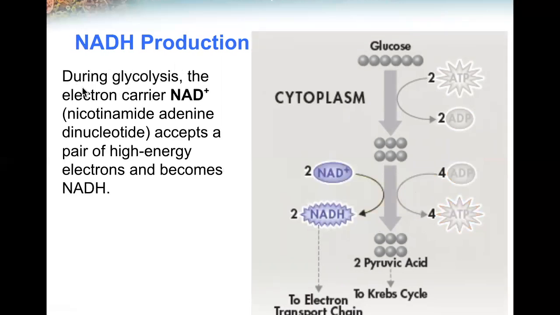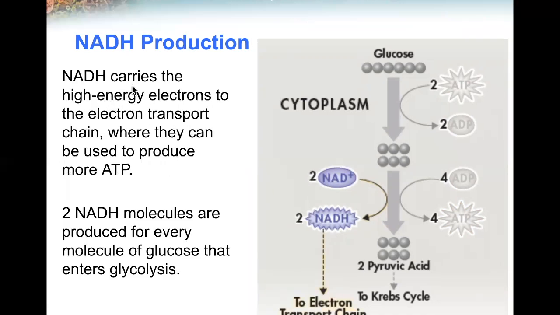NADH production. During glycolysis, the electron carrier NAD plus, nicotinamide adenine dinucleotide, accepts a pair of high energy electrons and becomes NADH. NAD plus becomes NADH.